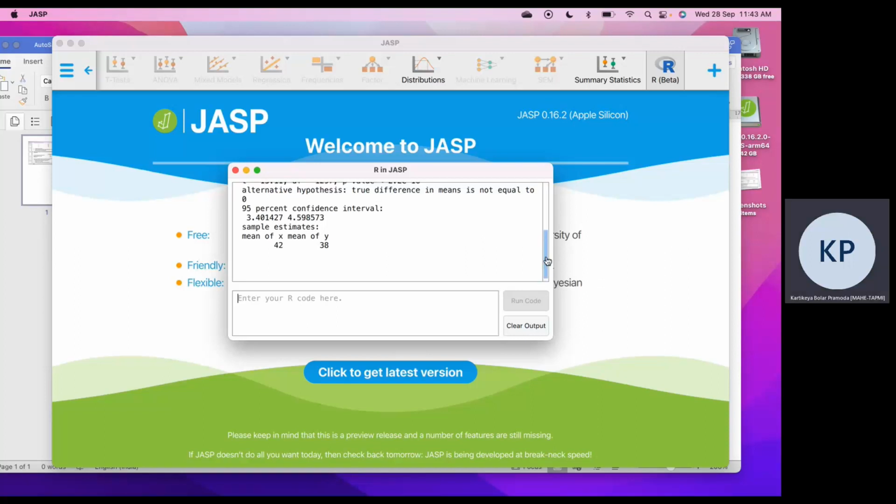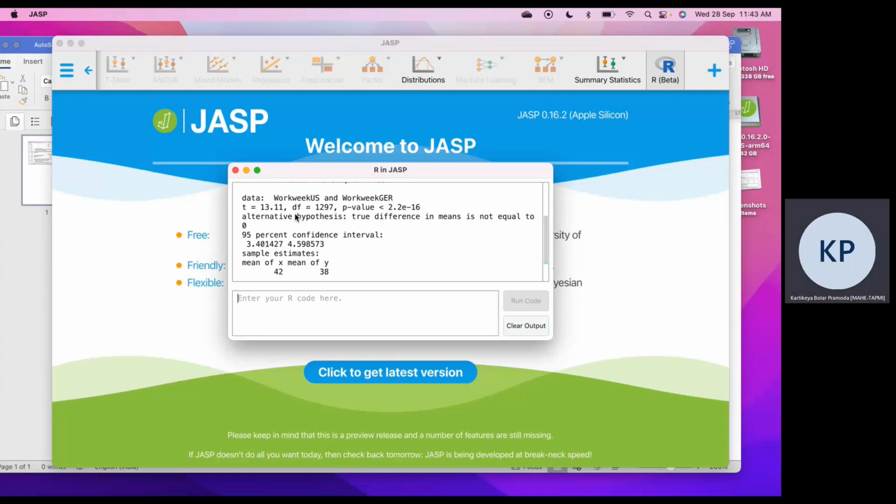Now you can see that we have details. We have the test statistic here, 13.11, and the p-value is very small. This is just a scientific notation in which this is written. And of course, your sample estimates have been calculated for each.